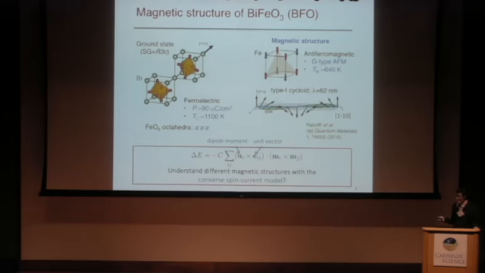Because of this cross product between Mi and Mj, this term favors a non-collinear spin order. C is the coupling strength, Ui is the electric dipole moment at position i, and Eij is a unit vector connecting positions i and j. So in this talk, the question I'm trying to discuss with you is whether we can use this spin current model to understand different magnetic structures in BFO.